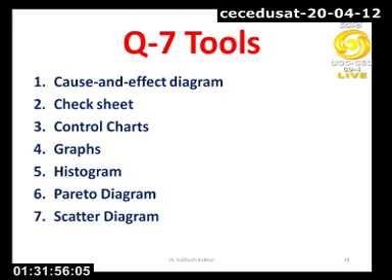Next one is check sheets, control charts, histograms, Pareto diagram, and 7th one is the scatter diagram. We make use of all these tools to solve the problems, modify the processes and achieve Six Sigma level. And these tools are called quality control tools.